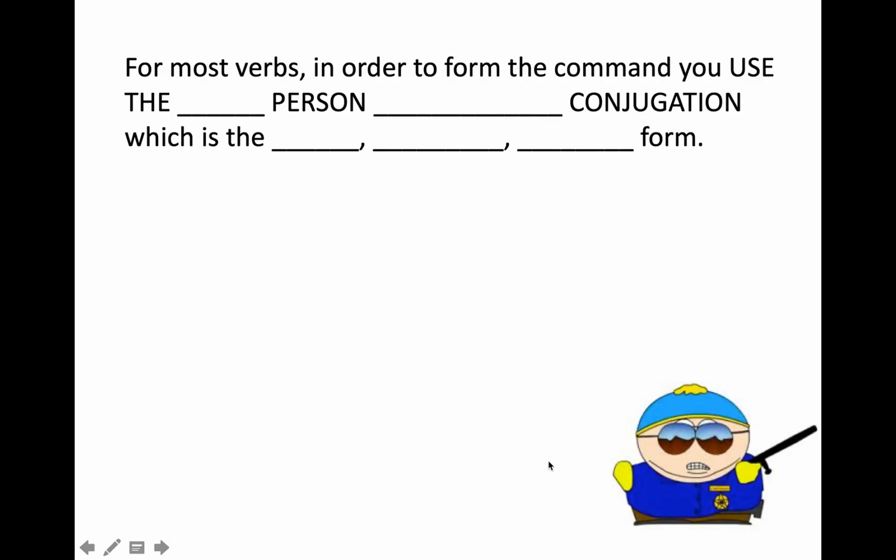All right, so here's the key to this. For most verbs, in order to form the command form, you use the third person singular conjugation of that verb. So to make tú commands, you would actually conjugate the verb in the él, ella, or usted form. But it's not going to mean he eats or she eats. You're going to look at someone directly and you're going to say come, and you're telling them to eat, and you say it with emphasis.